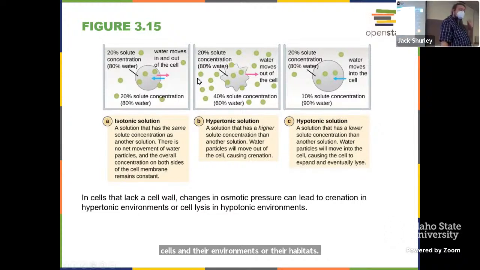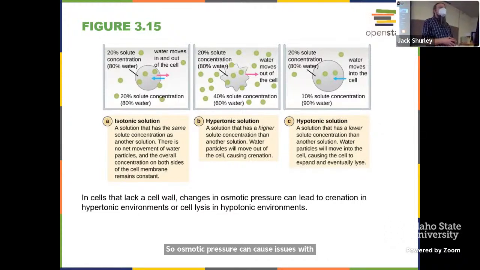So osmotic pressure can cause issues with cells. It doesn't matter if we're talking our own cells or bacterial cells. And deep down, knowing the fact that dealing with different concentrations of things, this sets the stage for food preservation.